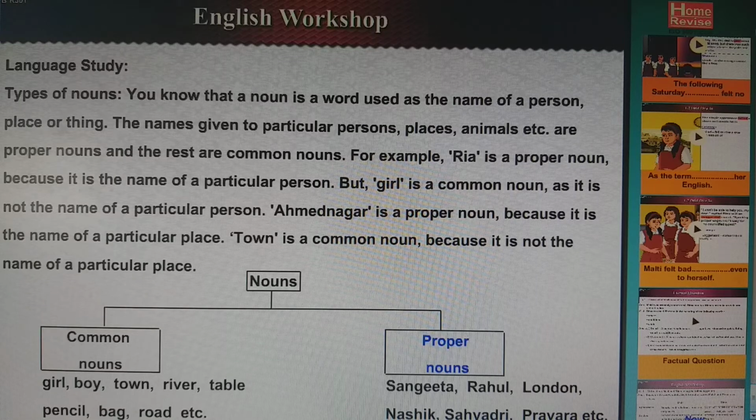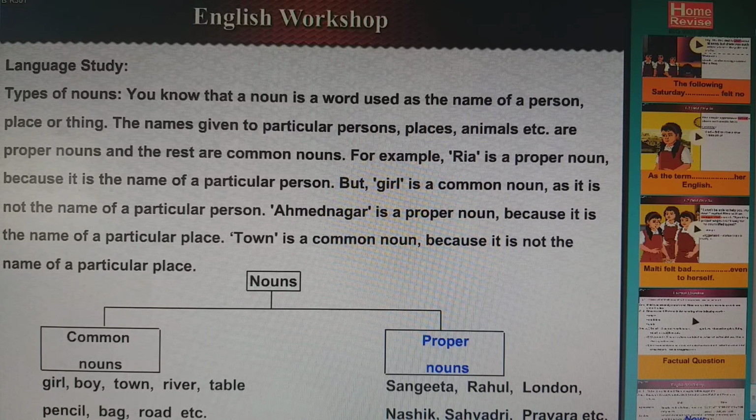So what you have to do, today's homework, is from your book: find at least 5 common nouns and 5 proper nouns properly, and write them. And always remember one more point: most of the time a proper noun starts with a capital letter at the beginning. And sometimes there are two words, like for example, the Times of India. You'll find the T in Times and I in India in capital letters.